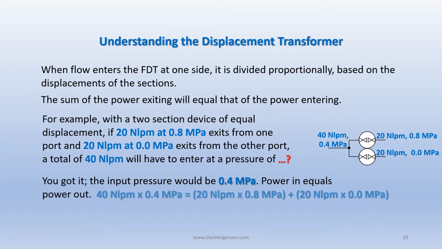Power in equals power out. 40 normal liters per minute at 0.4 megapascals equals 20 normal liters per minute at 0.8 megapascals plus 20 normal liters per minute at 0 megapascals.